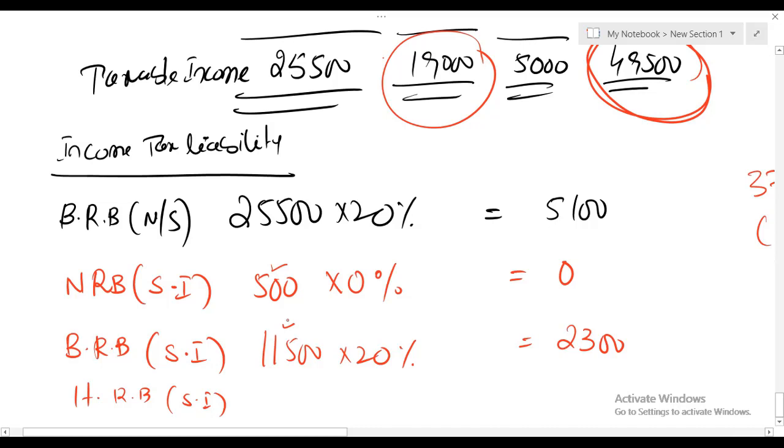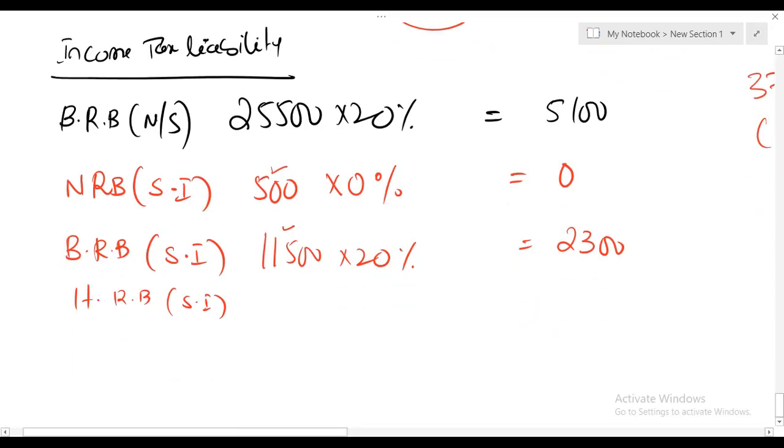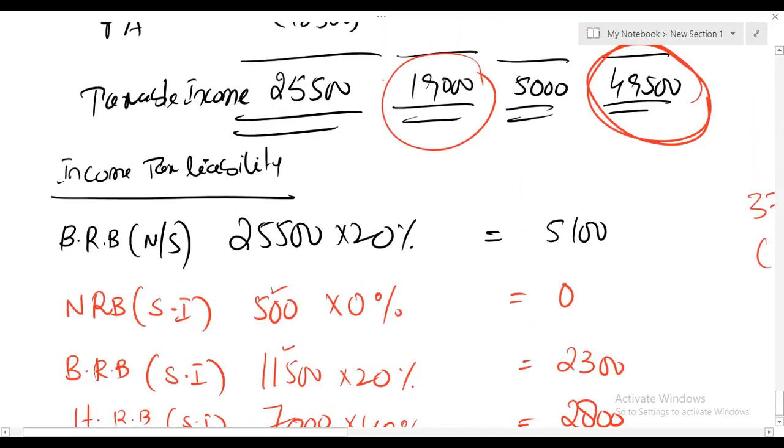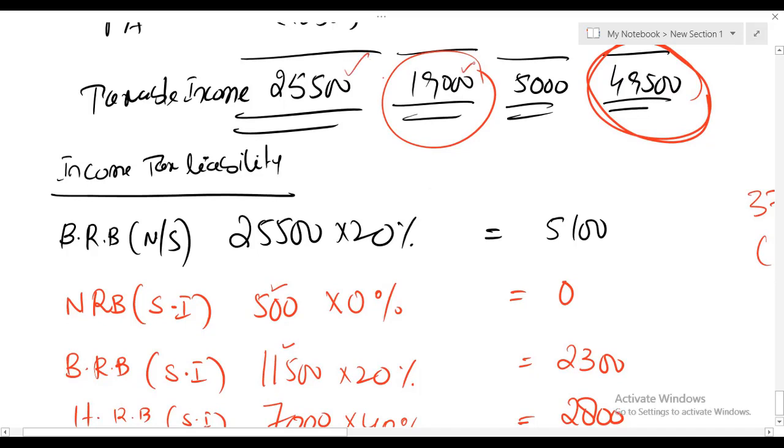So from 19,000, if I deduct 500 and then I deduct 11,500, I still get 7,000. So remaining 7,000 of saving income actually falls in higher rate band, and for saving income, the higher rate band tax rate is 40%. When I multiply 40% with 7,000, I get 2,800. So we are done with non-saving income as well as saving income.